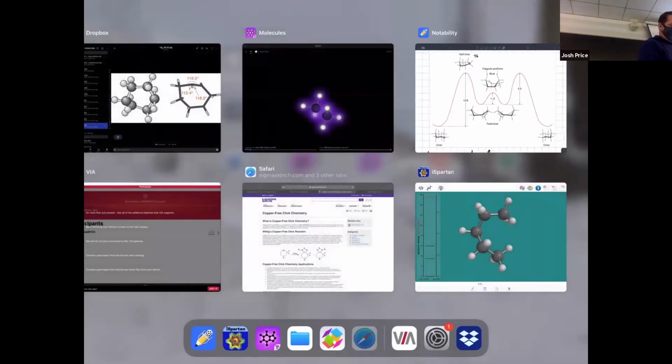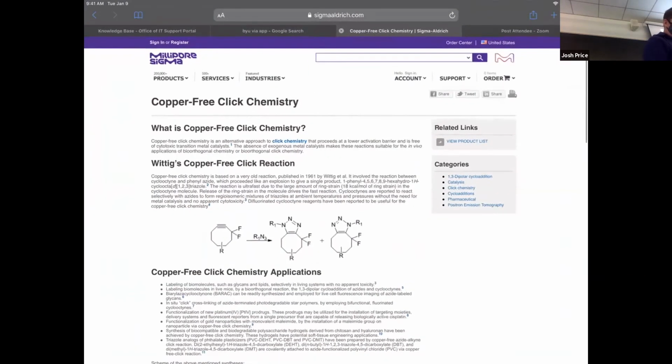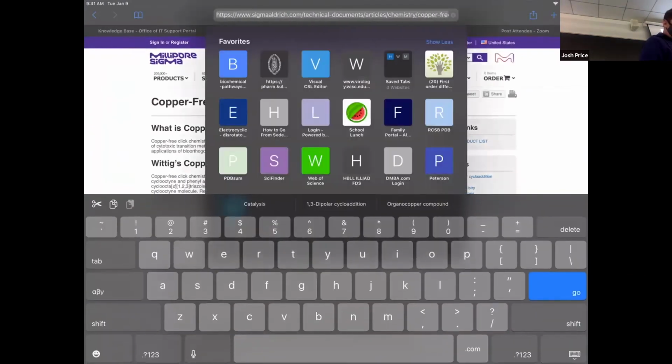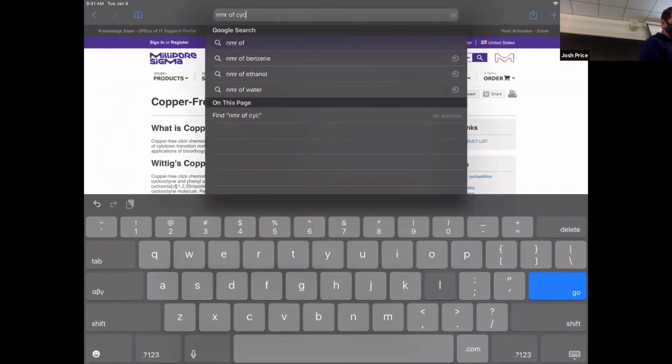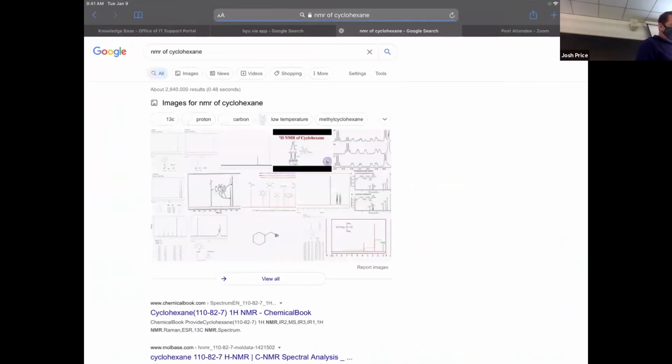We can check that by looking up NMR of cyclohexane. Would we need to have a bromine or something on bond to make the two contributions different?